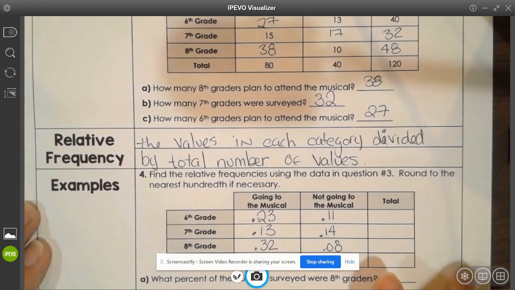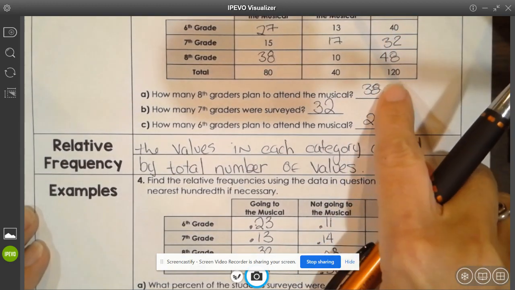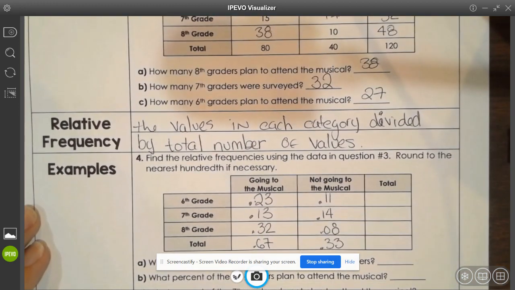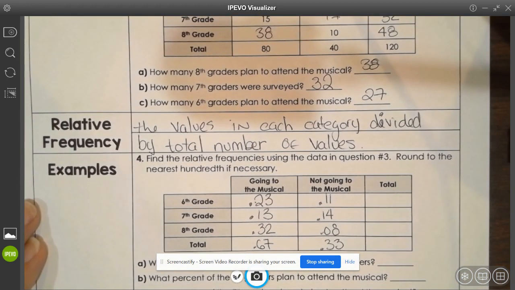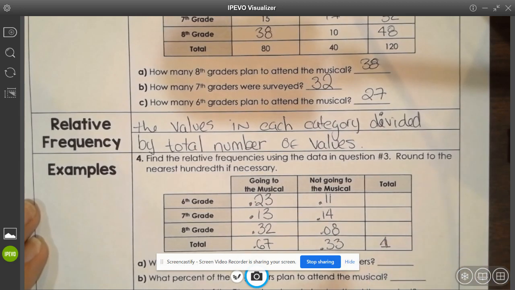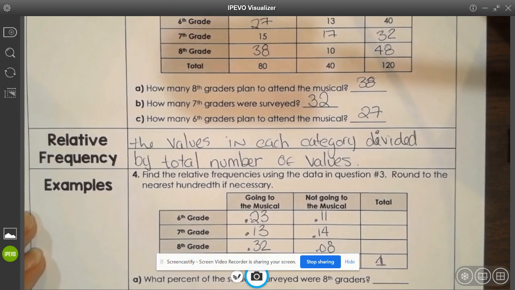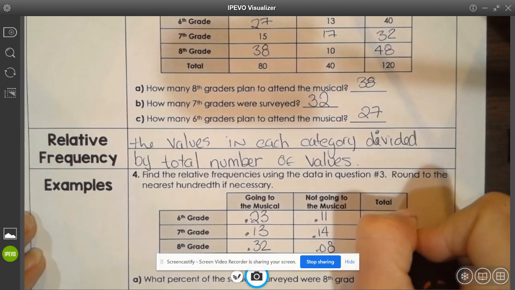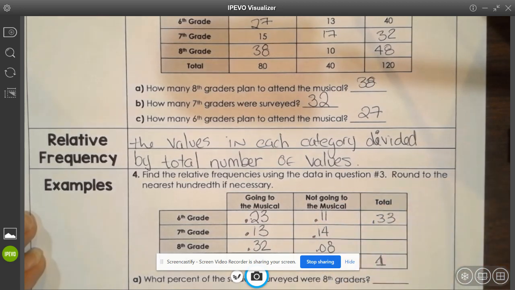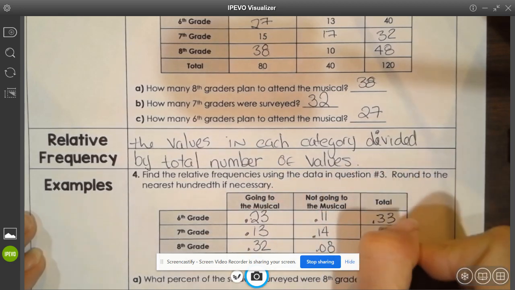All right, so same thing here, right? I have 40, 32, 48, and then 120. Obviously, 120 divided by 120 is 1. This should be 1 here. So let's see. First one, 40 divided by 120, that is 0.33. 32 divided by 120, that is 0.27.